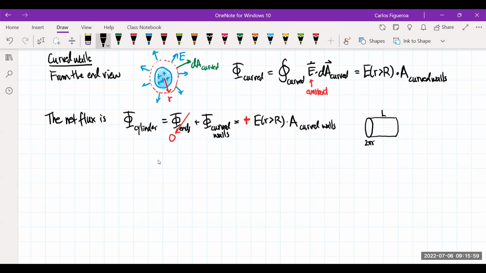So if I just want the curved walls, then the area must be 2 pi r times L. Therefore, the flux of the cylinder must be E for r greater than big R times 2 pi r times L. So now I have the flux.